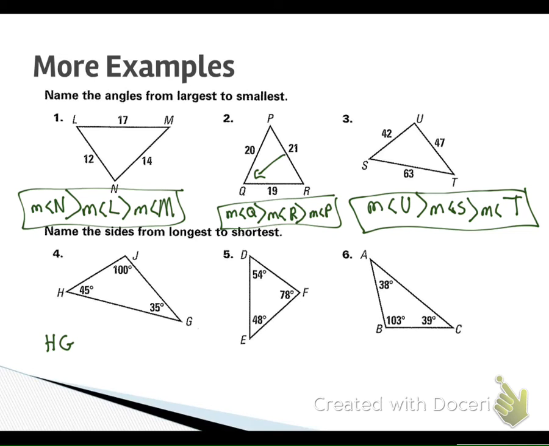So we don't need a line above it. HG is greater than, what's my next longest side? JG, which is greater than my smallest side, which is HJ. Okay.